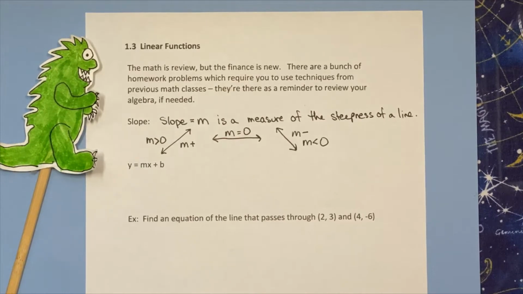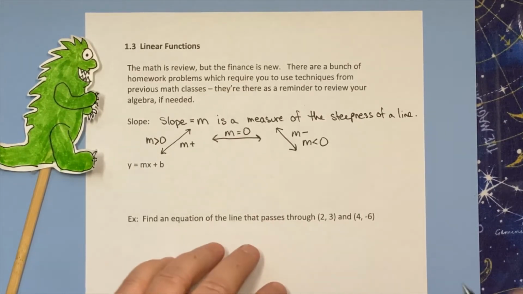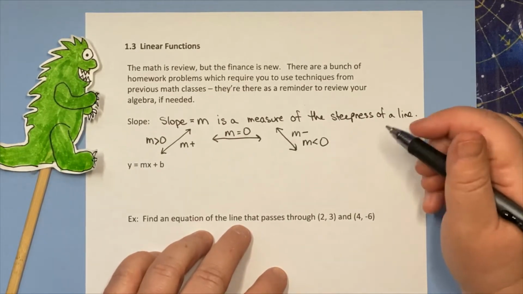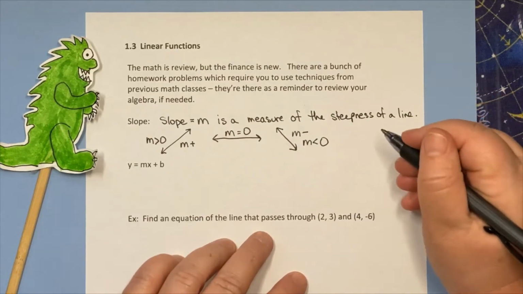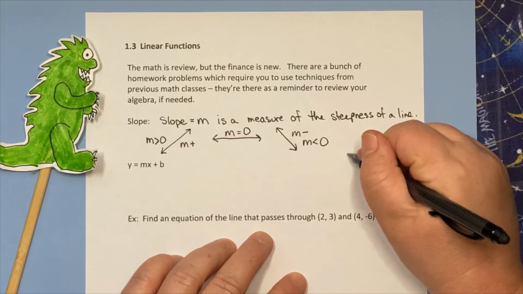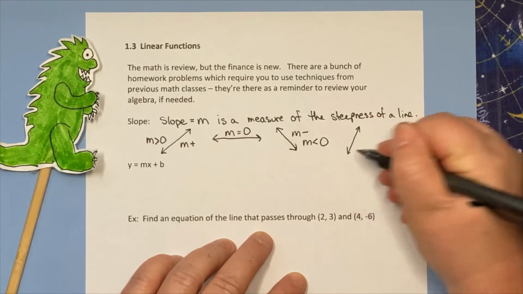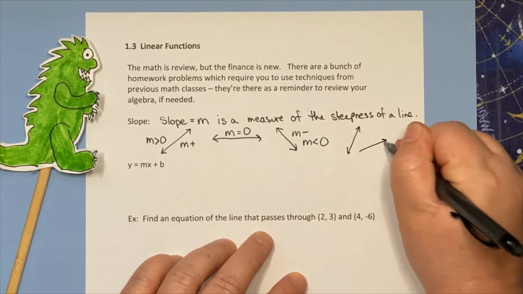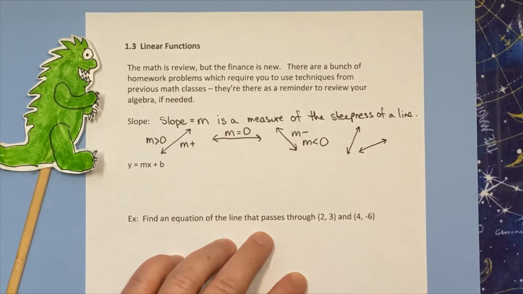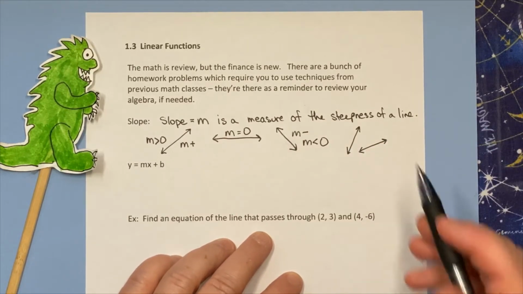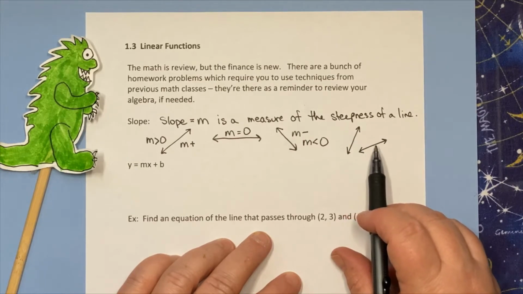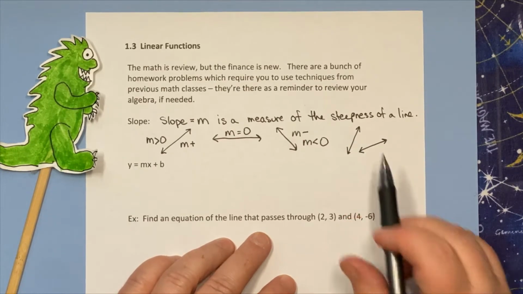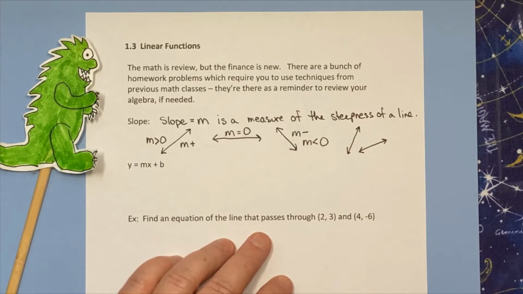And so what we could talk about is, if I had two lines and one was really steep like this and one was a lot flatter like this, I would say that this slope is greater than this slope. So we can actually look at comparisons of two lines.